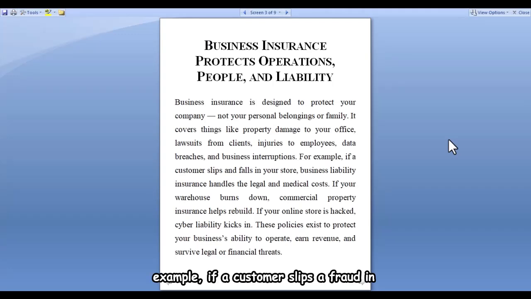So for example, if a customer slips and falls in your store, business liability insurance handles the legal and medical costs. If your warehouse burned down, commercial property insurance helps rebuild. If your online store is hacked, cyber liability kicks in. These policies exist to protect your business's ability to operate, earn revenue, and survive legal or financial threats. So now let's go to the next page.